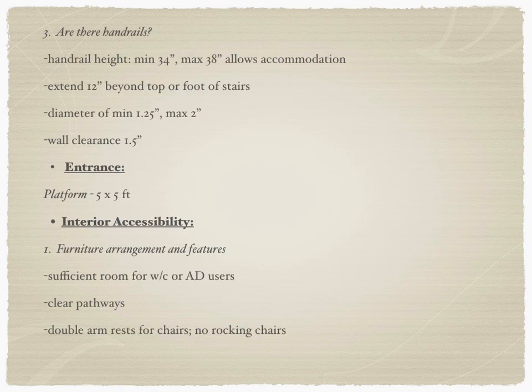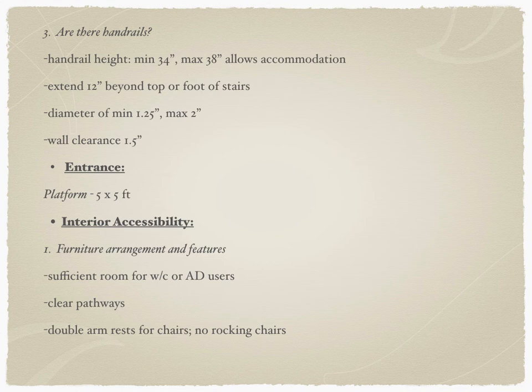Are there handrails? Handrails need to be a minimum of 34 inches high or a maximum of 38 inches to allow accommodations for tall or short persons. They should extend 12 inches beyond the top or the foot of the stairs with a diameter of 1.25 inches minimum or a maximum of 2 inches, and a wall clearance of 1.5 inches.